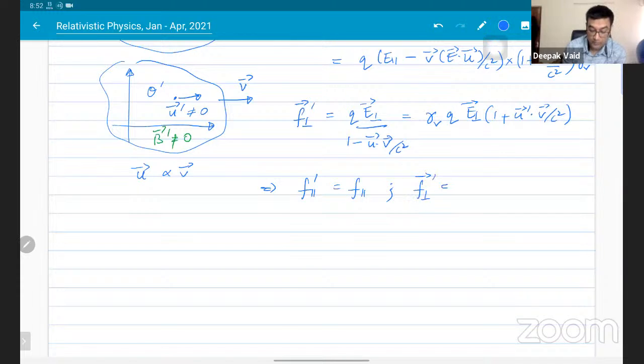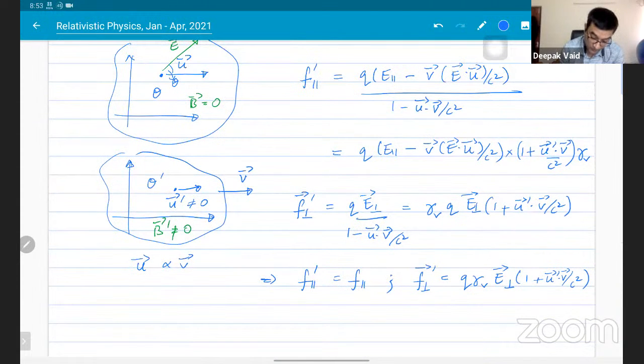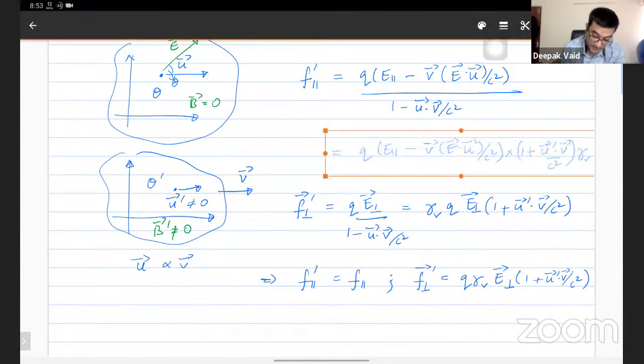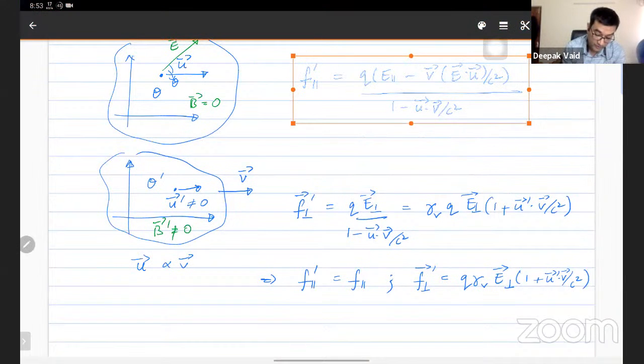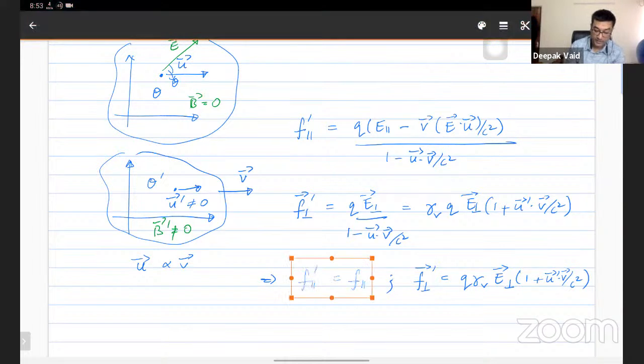The perpendicular component of the force becomes Q gamma V E perpendicular times 1 plus U prime dot V by C square. In this case, we don't need this trick for the parallel component. Again, when U is parallel to V, in this quantity the numerator will be equal to the denominator. This factor will cancel out and you will be left with Q times E parallel prime.